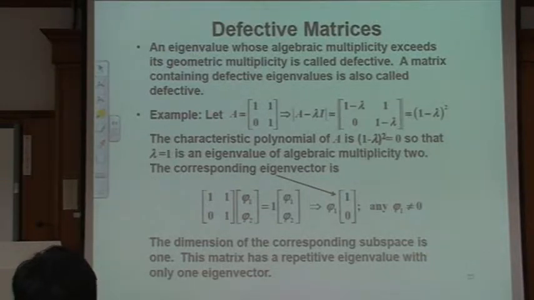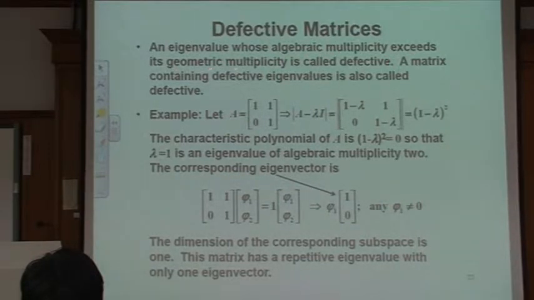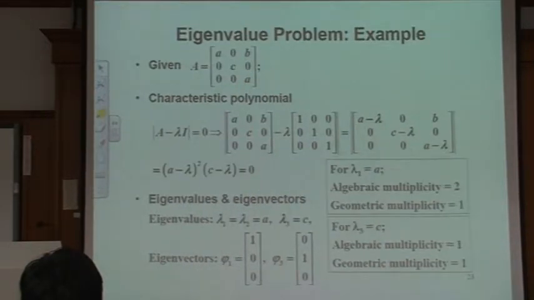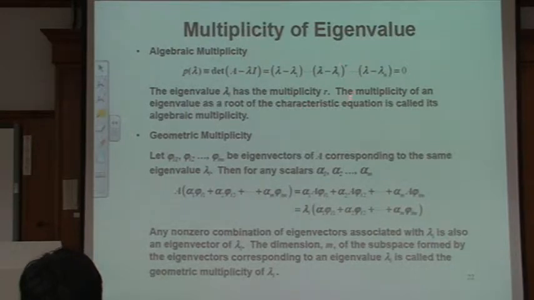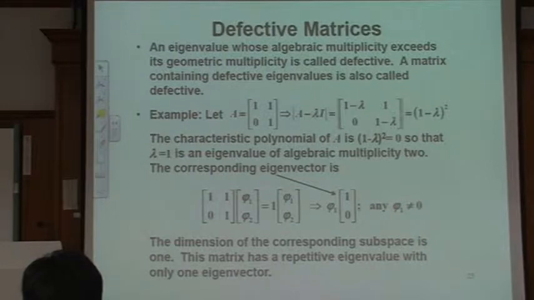For example, here we talk about defective matrices. The definition is the following. An eigenvalue whose algebraic multiplicity is greater than its geometric multiplicity is called defective. That means, for example, when R here is greater than M here, we call this kind of matrix defective.